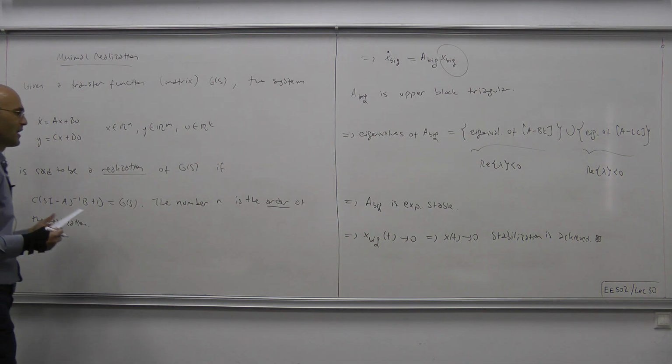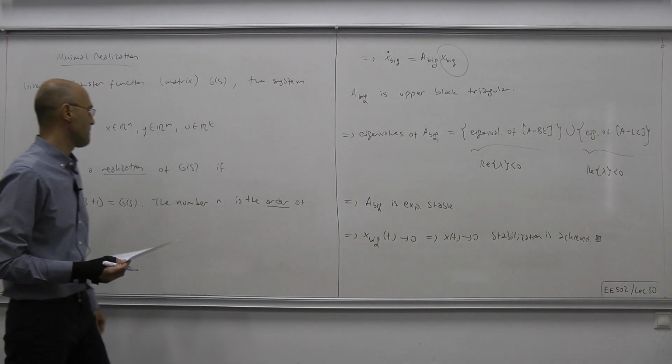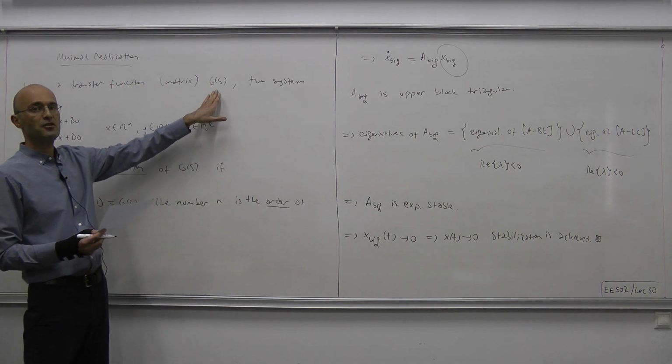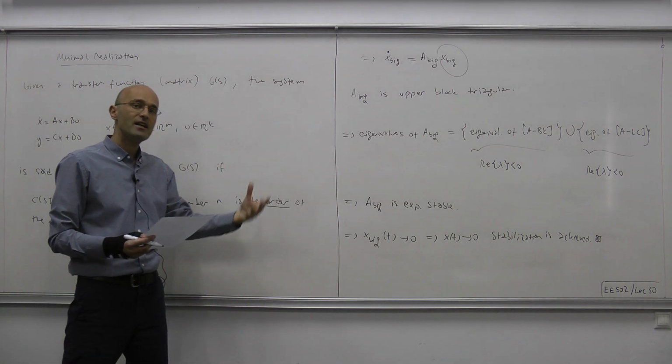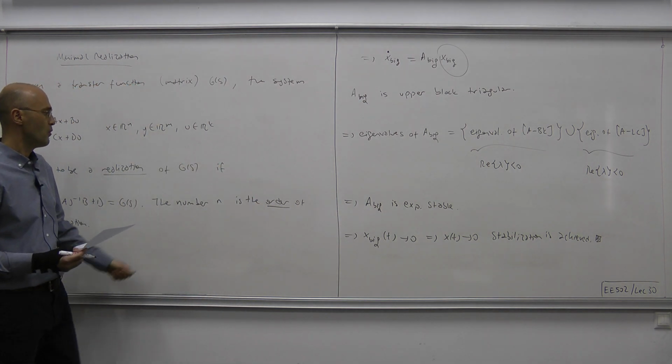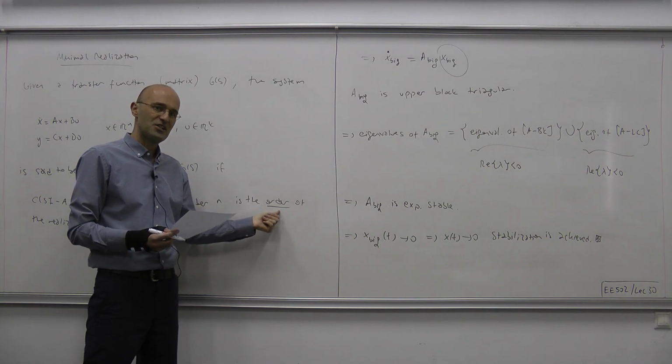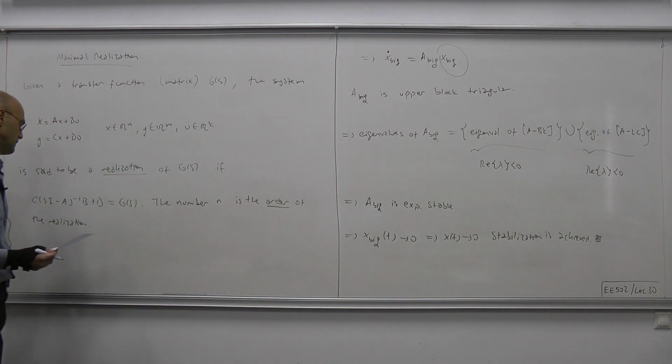Okay, and a realization is said to be minimal for a given transfer function if you cannot find another realization with an order that's strictly less than the order of that realization.